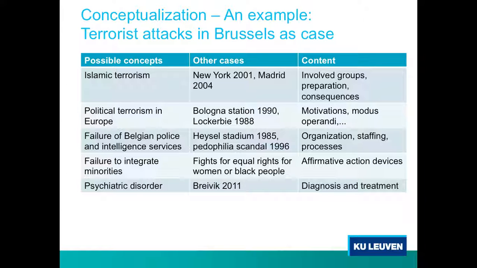In this case, you will find yourself making comparisons, implicitly or explicitly, with cases such as the New York attacks on 9/11 or the attacks in Madrid in 2004 or many other cases such as in London, etc. What you will probably study is the groups that are behind these attacks, how they prepared, how they operated, what consequences these attacks have had, etc.